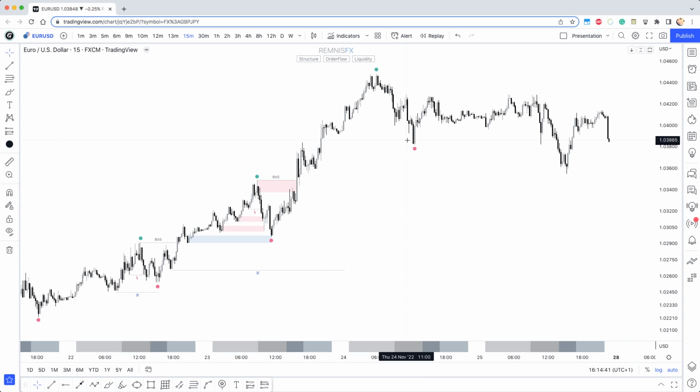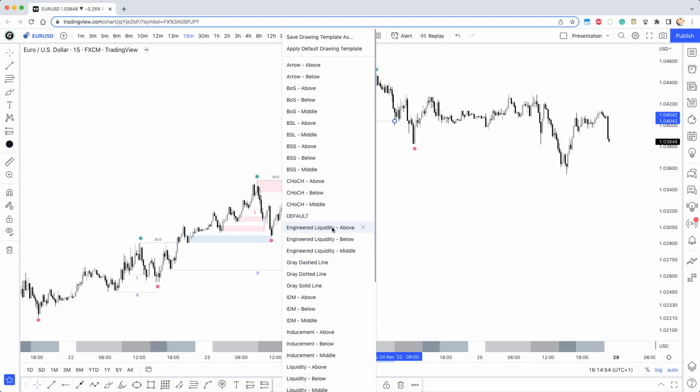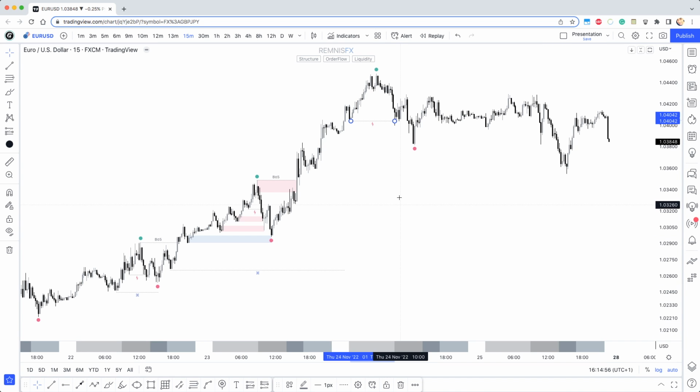So again, if we look at the most previous pullback, that will be something like this. This could have been your inducement below. Then price took out the inducement but failed to go up.